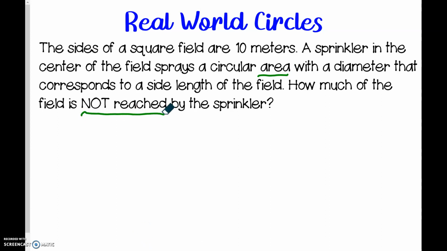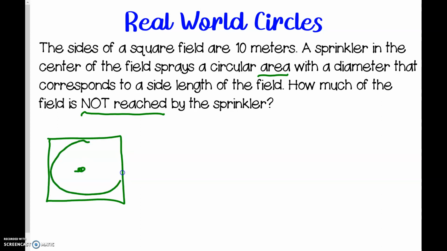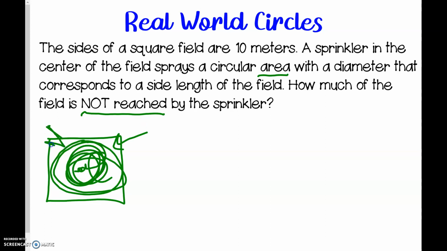So let's picture this for a second. We've got a square field, okay? You've got the sprinkler in the center, and it's spraying an area around, okay? I know I didn't draw it perfectly, but it's going to spray that area, and we're talking about all this space inside, okay? So the areas not reached are these corners of the square.